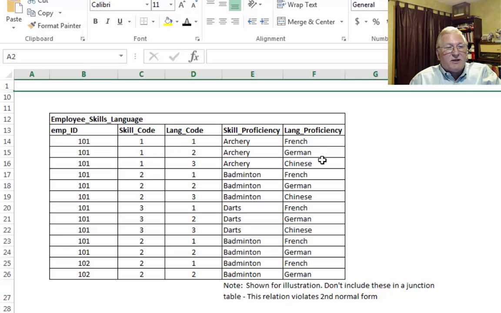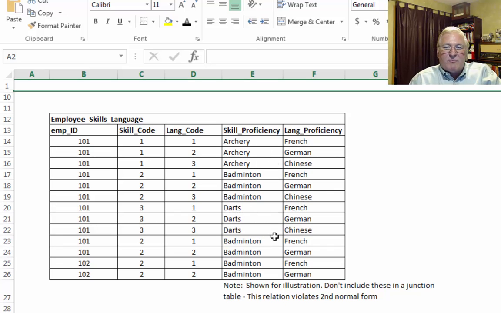He plays archery, he speaks German, he plays archery, he speaks Chinese. Then we have to have another tuple or row that says he plays badminton and speaks French. He plays badminton and he speaks German. He plays badminton and he speaks Chinese. So you can see where this is going. We all of a sudden have a multiplicity of tuples or rows. And this gets to be a very unwieldy table. And we've got all this kind of duplicity here.